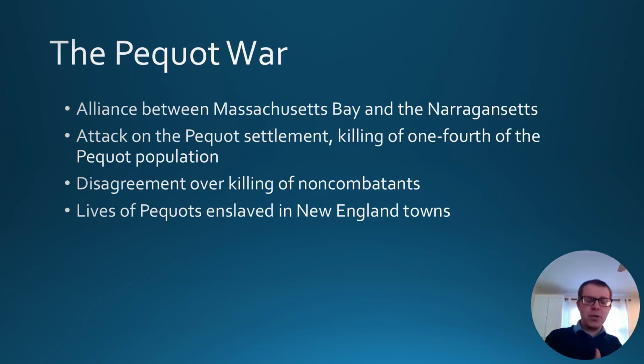And in particular, there's this one attack on a local Pequot settlement by the Narragansetts and the English that goes quite successfully. And at the end of this battle, the English go into the town and just start murdering men and boys. And the Narragansetts are shocked by this action. They actually protest against the English and say, what are you doing?